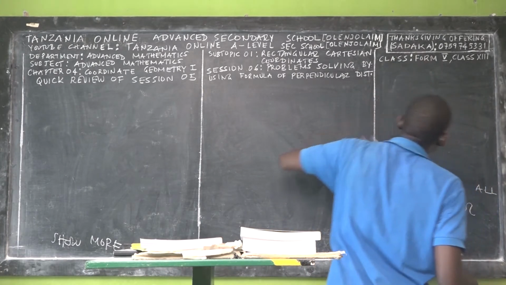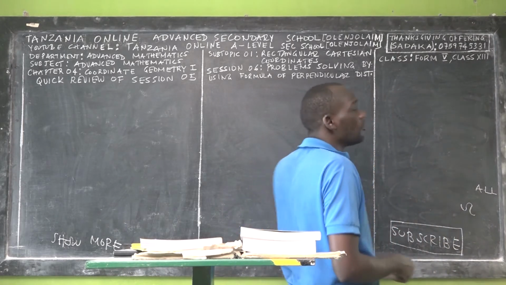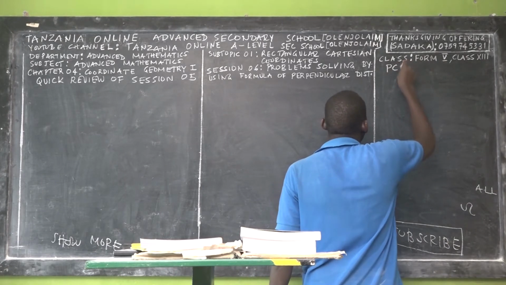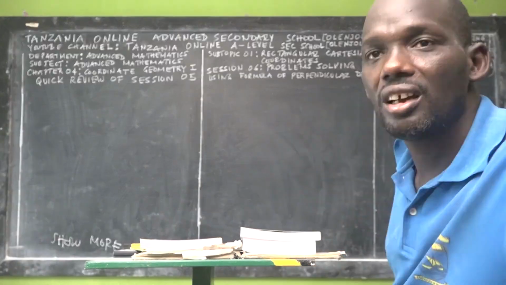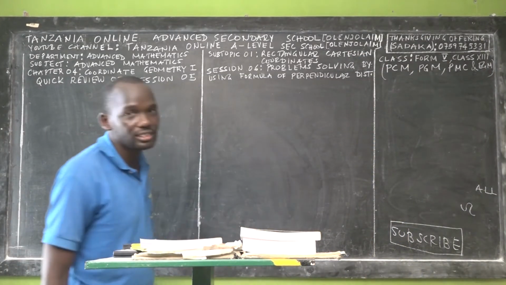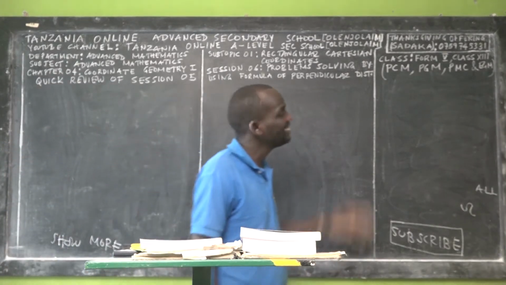This content is for Form 5 or Class 13, or Pre-Form 5 or Form 6, of the following combinations. In Tanzania we have something called combinations, with 3 principal subjects.